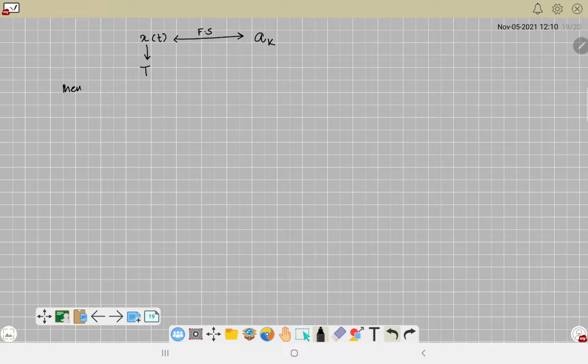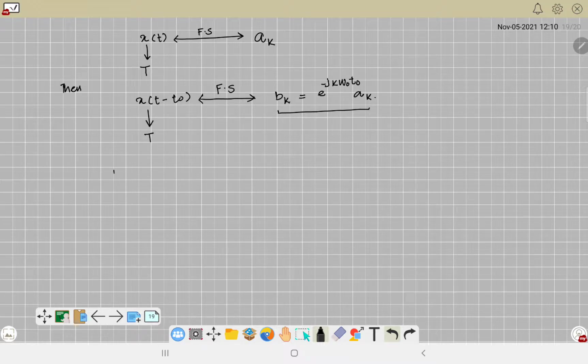Then if I shift this signal, first thing is there will be no change in the time period, so it will still have the time period t. Then it will be related through Fourier series to a coefficient b of k, which is related to a of k using this expression. Okay? So this is the relation.